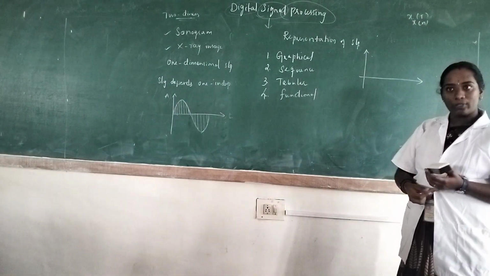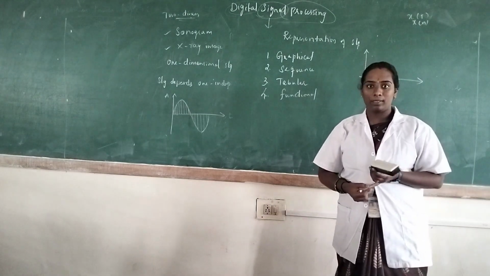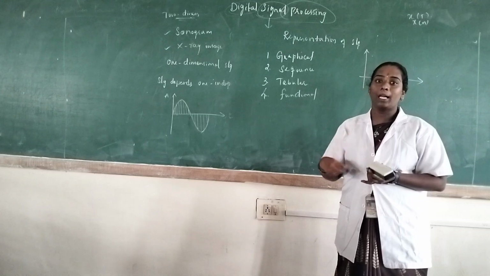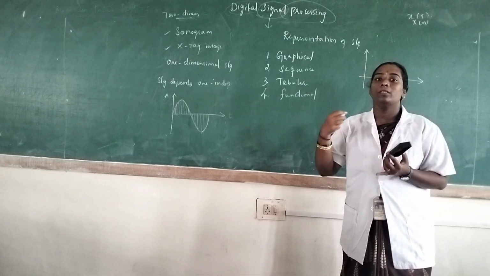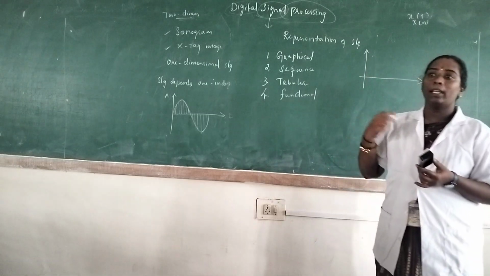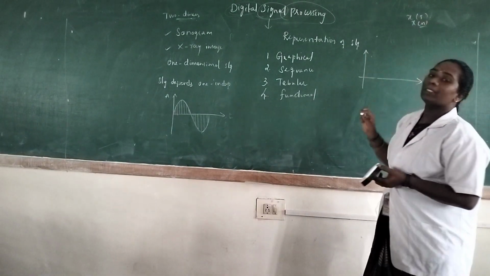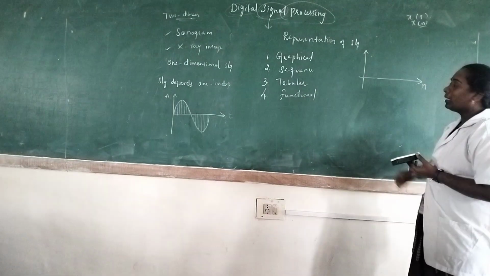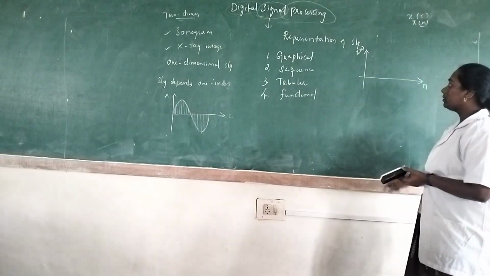Already I told that in continuous time signal, the time period and amplitude were continuous, whereas in discrete time signal, the time period is broken into n number of pieces, that is n number of samples. Hence, in discrete time signal, time period is denoted as samples, hence the x-axis is denoted as n, and this is the function x of n.